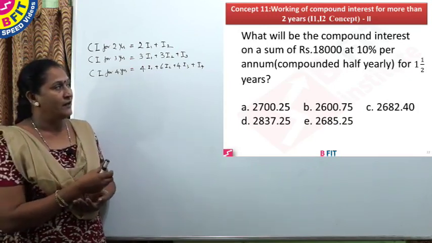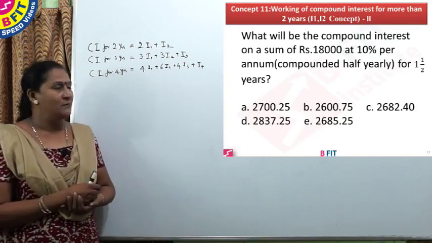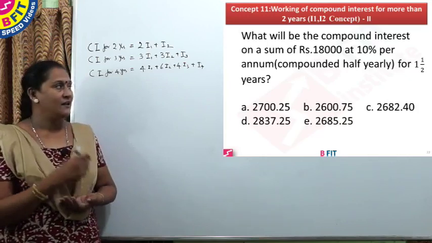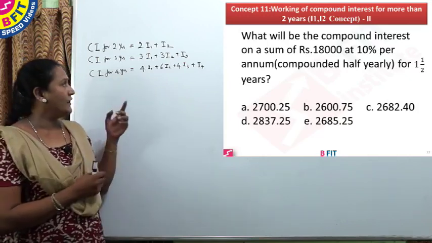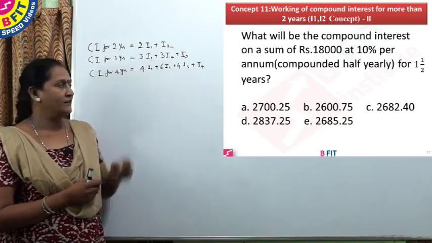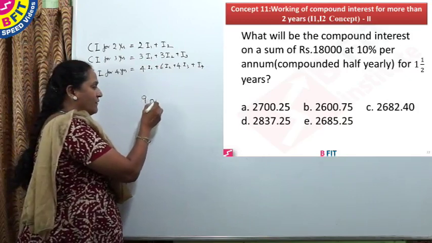For 18,000, what is 10%? 1,800, but we need only 5%. So what is half of 1,800? 900. So finding this I1 itself, we have got 900.